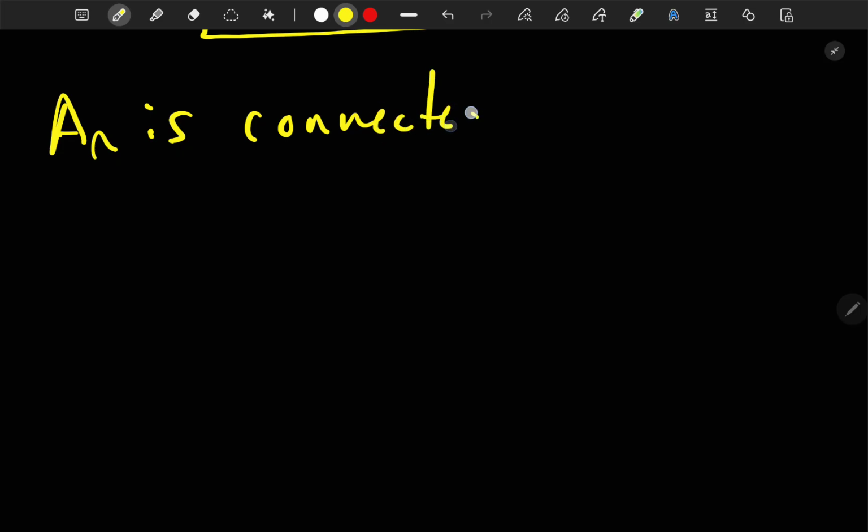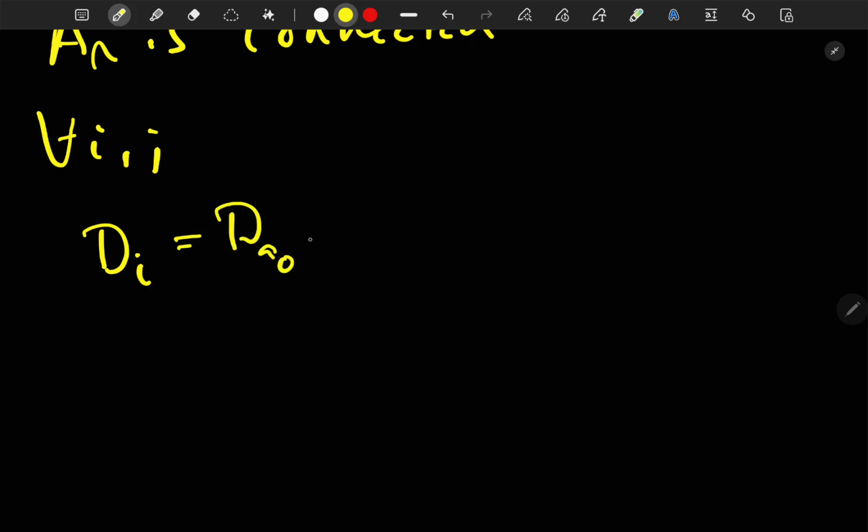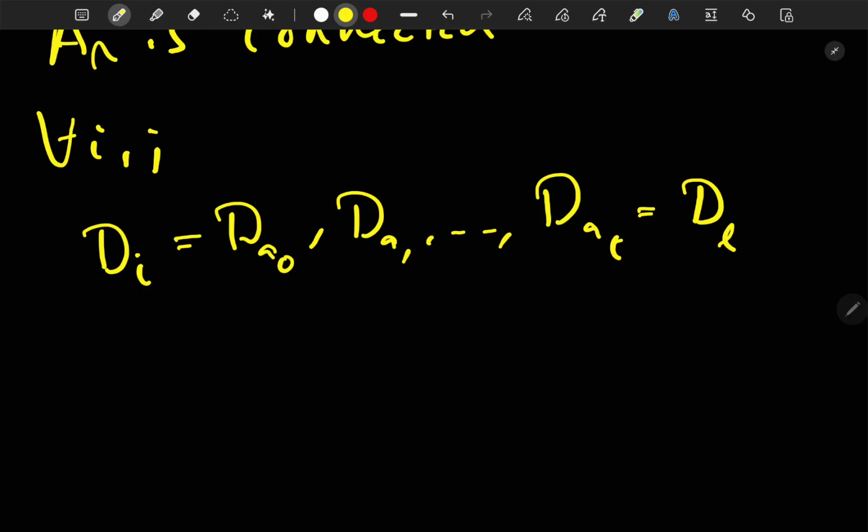Now since AR is connected, for any disk dy of the point PY, we can find a chain of disks to DJ.